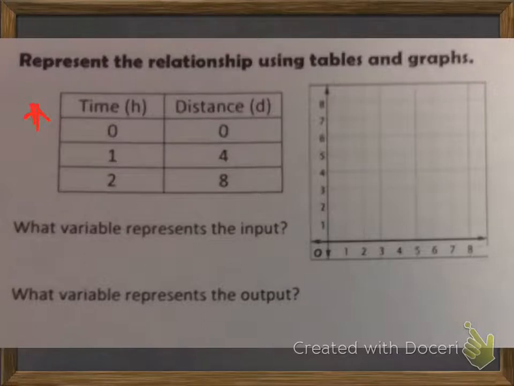Independent goes along the x-axis, so we want to label this H. The distance, the D, is going to be the dependent, so it is going to go along the y-axis, so now that axis is labeled D. So what variable represents the input? That would be the H. What variable represents the output? That would be the D.